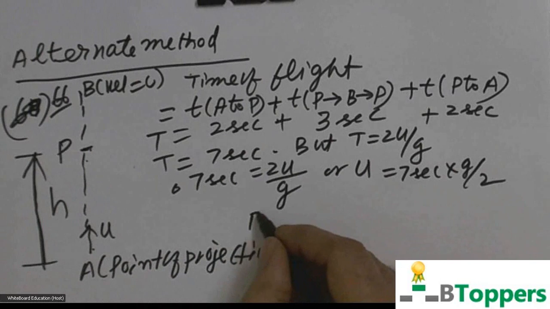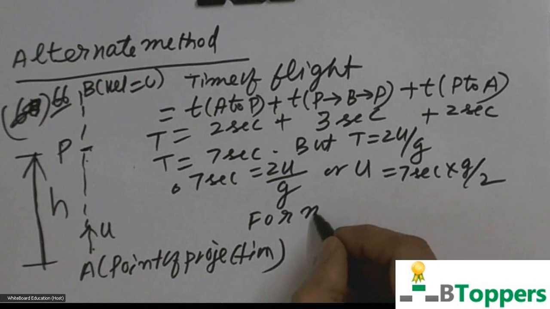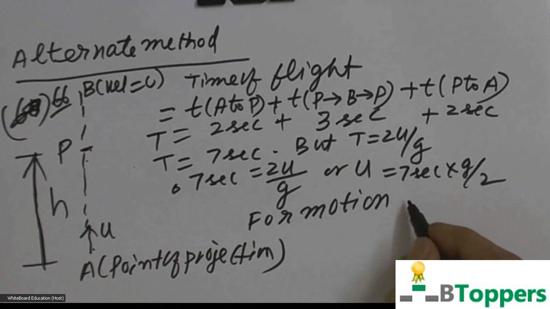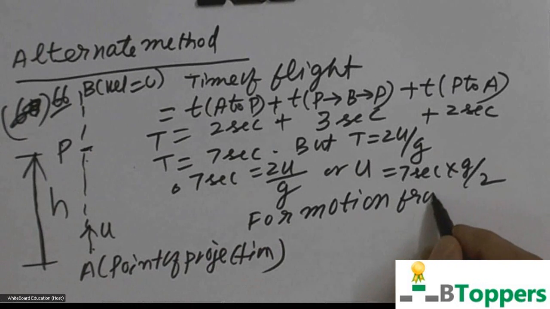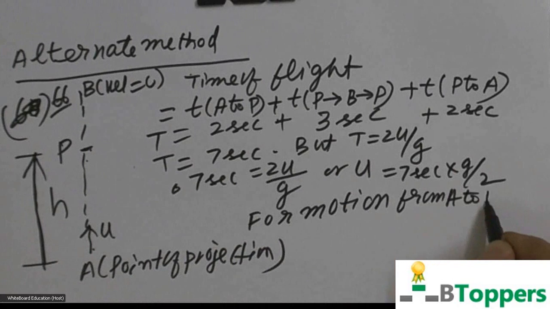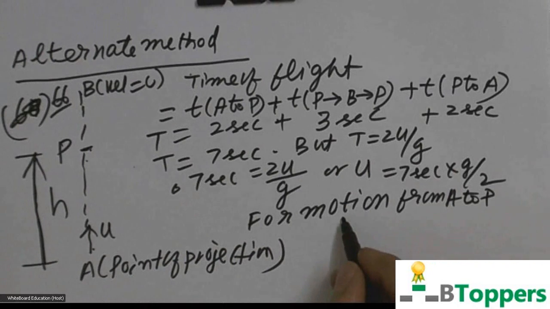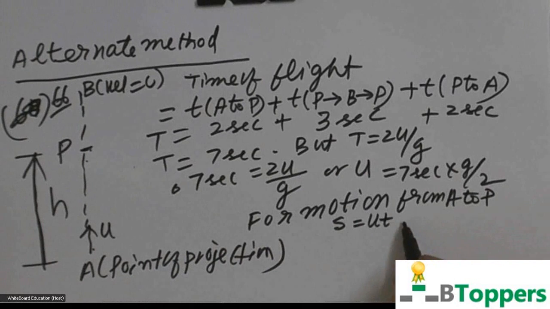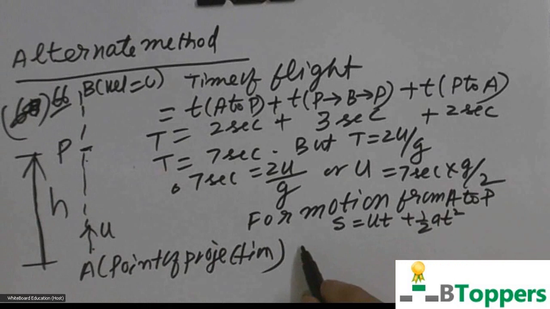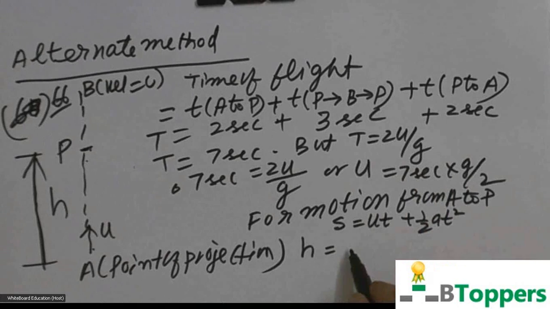To find the displacement for first 2 seconds, to find the height of the point P above the point of projection, we use the equation s equal to ut plus half at square for upward motion from A to P. For upward motion from A to P, displacement s equal to h, initial velocity u is equal to 7 seconds into g by 2, and time t is 2 seconds.